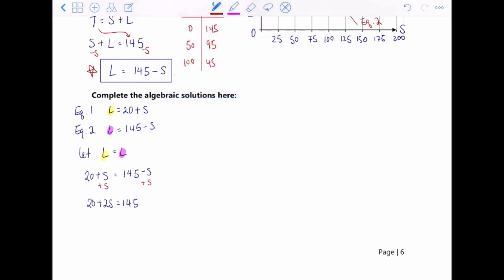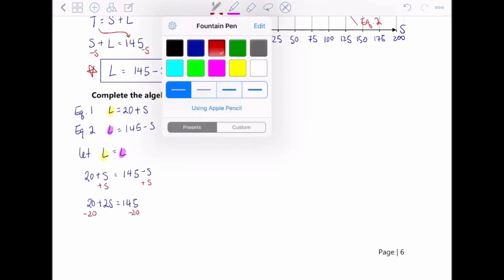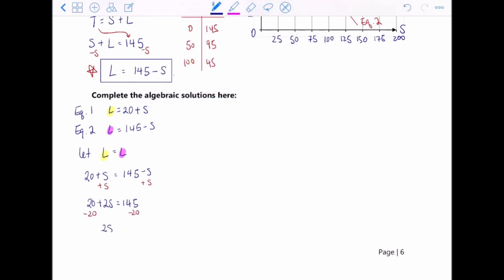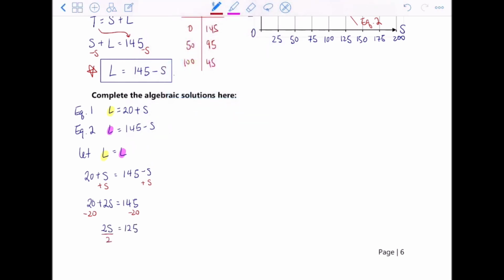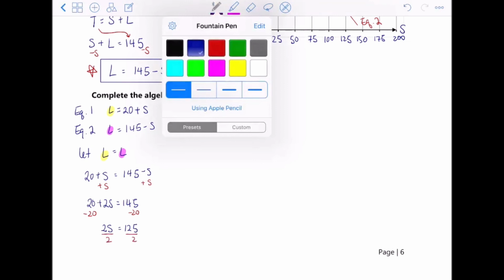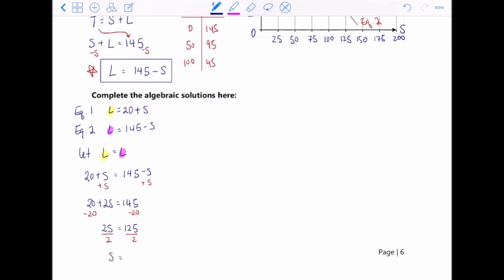And because I want to isolate S, we need to take away 20 to remove the left-hand side 20, and we're left with 2S equal to 125. We divide by the coefficient in front of S, so we have S equals 125 divided by 2, which is 62.5. Okay, we have solved S.